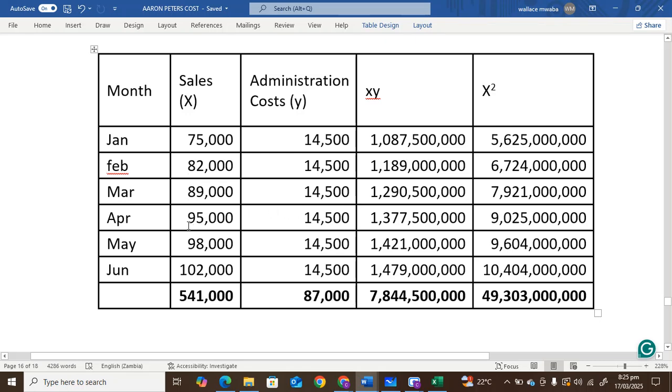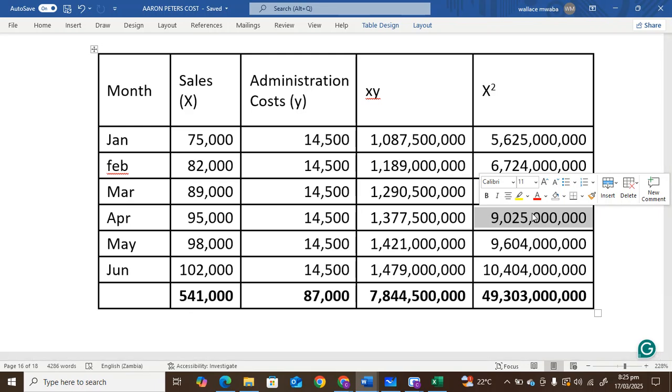So, as you've seen, multiply x times y, you get your figure. Then square x, and you get your figure. Just remember that in the table. When you see this in the exam, I'm going to make a table. I determine my x, my y.